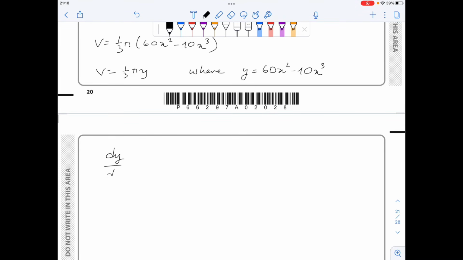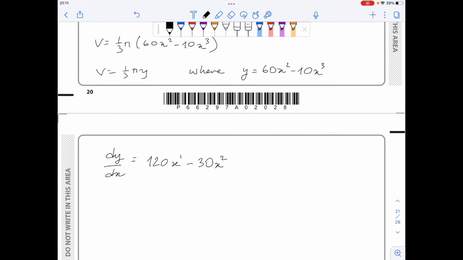So dy/dx is equal to, and now I'm going to multiply the power by the coefficient, that's 120x, reduce the power by 1, so I've got x to the power of 1, minus 10 times 3, that's minus 30x. If I reduce the power by 1, I get squared.